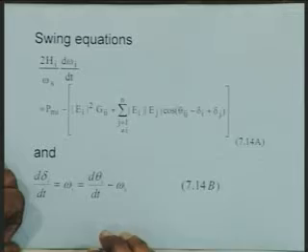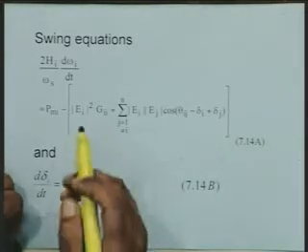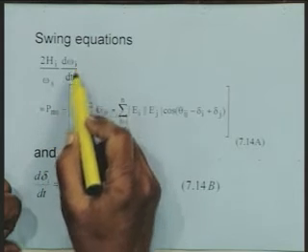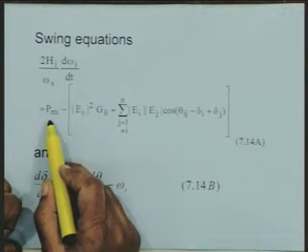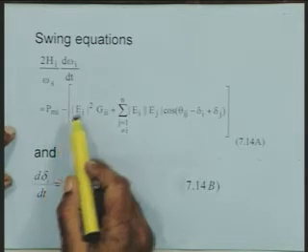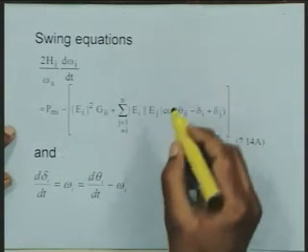Now, once we know the expressions for electrical power output of all the n machines, then we can write down the n swing equations. The swing equation for each machine will be 2 Hi upon omega s d omega i by dt equal to PMi, that is the mechanical input to the ith machine, minus the electrical output of the ith machine.